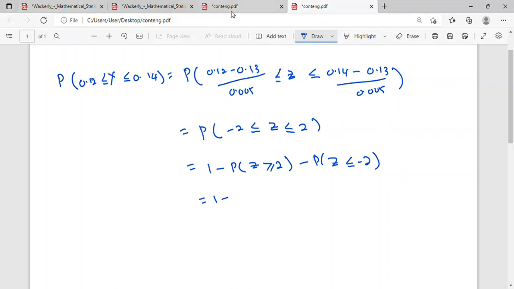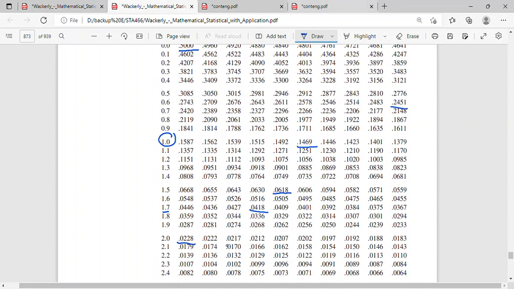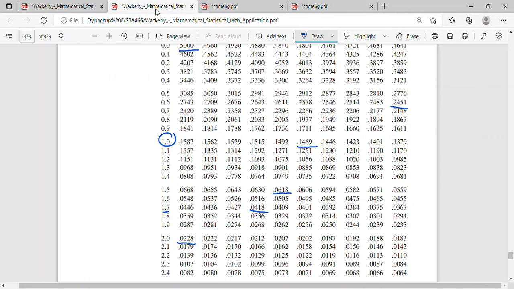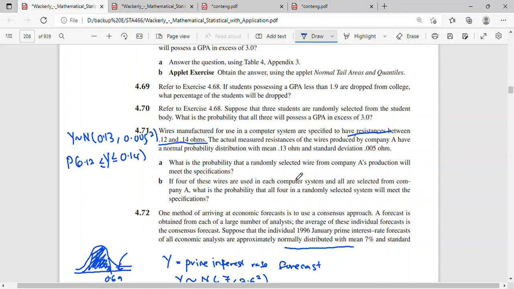So it will be 1 minus 2 times 0.0228. Okay, so you will get the value. It will be 0.9544.